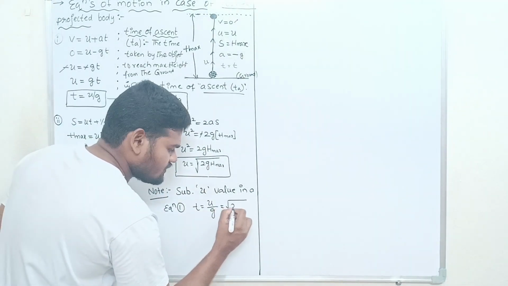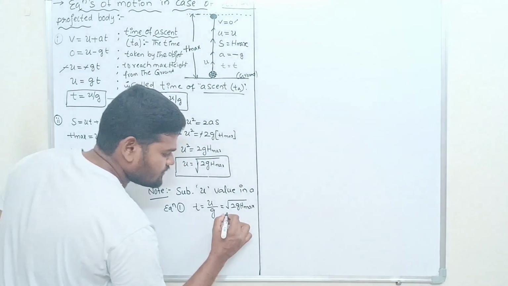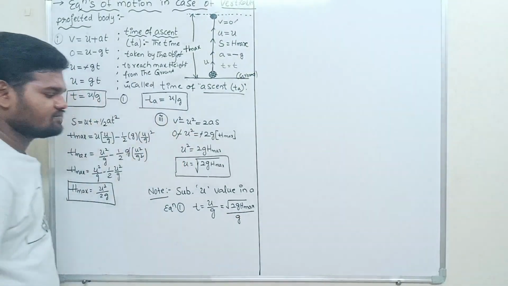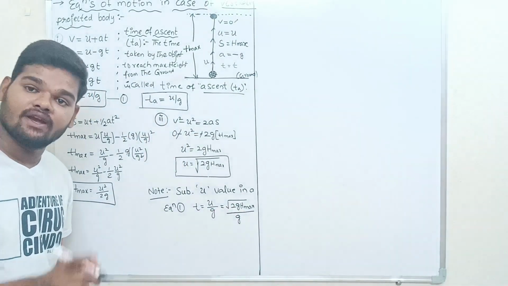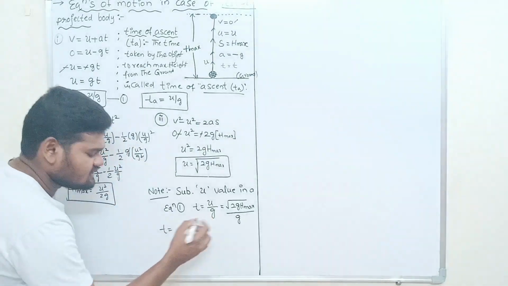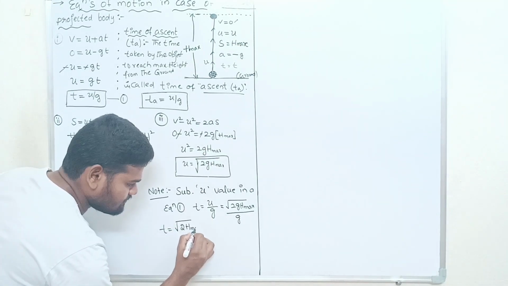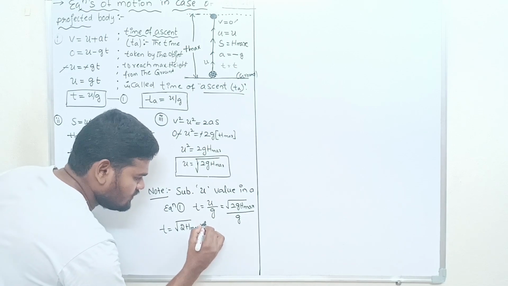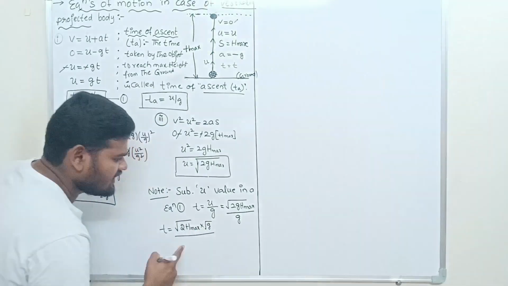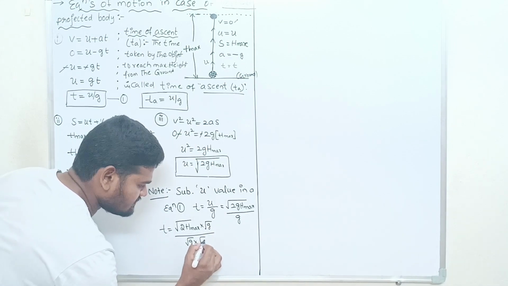Under root 2g h maximum divided by g. So we can write this as under root 2 into h maximum into root g, divided by g, which can be written as root g into root g.